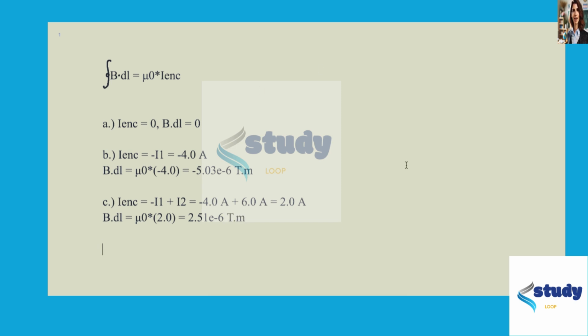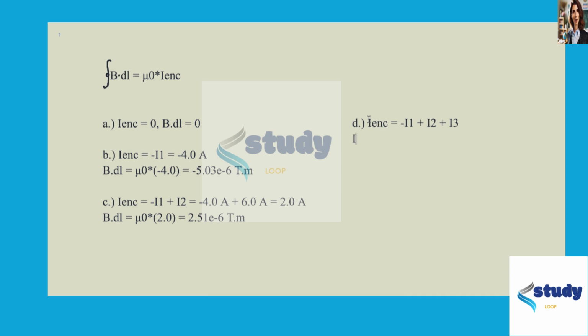Finally, let's take a look at D. Path D now encloses all 3 of these wires. So I enclosed is going to be negative I1, since I1 is pointing into the page, plus I2, and now I3 is also pointing in the same direction as I2, so it will be positive as well.